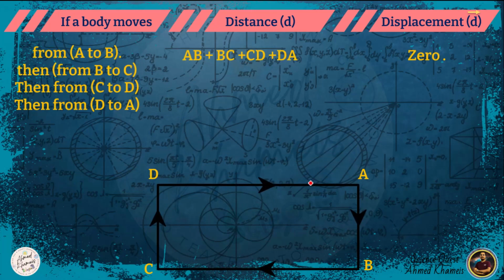Again, if the body moves from A to B, from B to C, from C to D, and from D to A, the distance will equal the length of AB plus the length of BC plus the length of CD plus the length of DA. And because the primary position is the same as the end position, the displacement will equal 0.